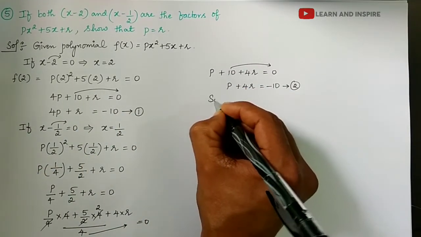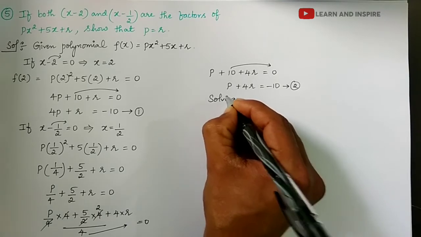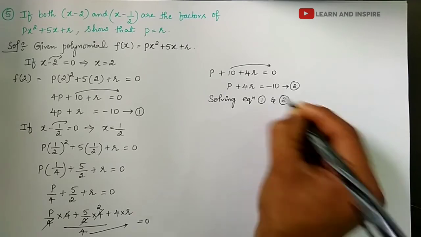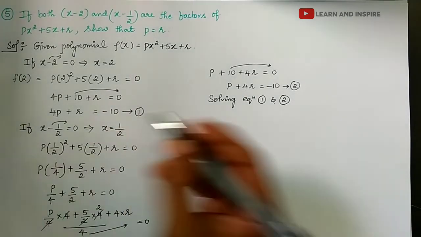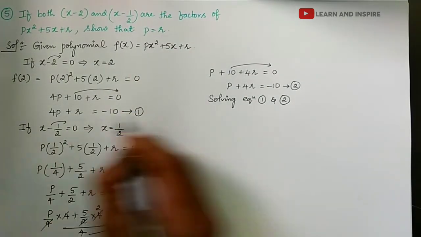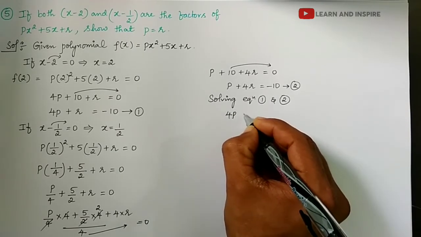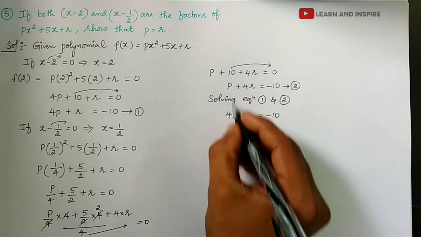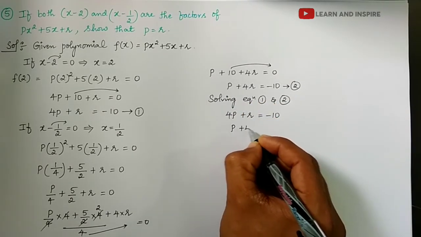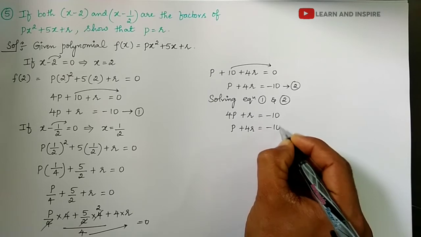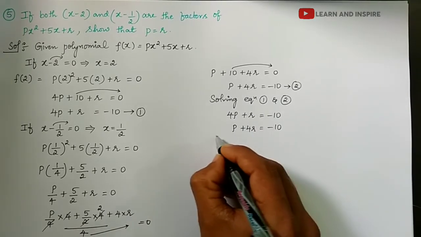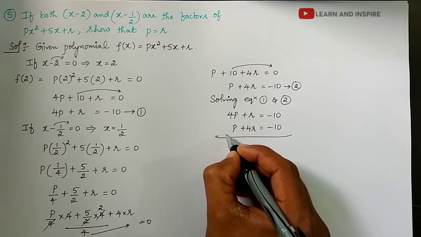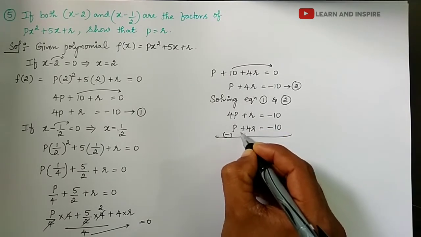Now solving equation 1 and equation 2. What is the first equation? 4p plus r equals minus 10, and the second equation is p plus 4r equals minus 10. Okay, so these are the two equations. Now change the symbols: this plus becomes a minus and this plus becomes a minus.